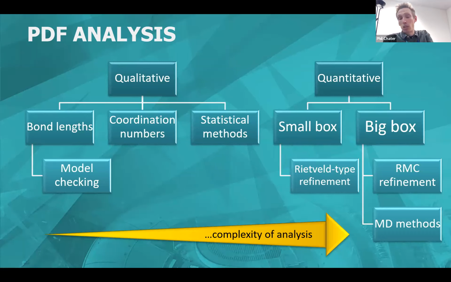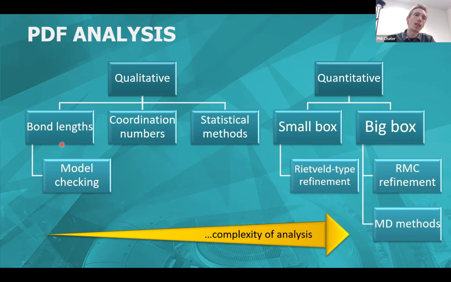As I said, it's very intuitive. You can see a peak, you know that you have a correlation at that distance. And if you know what elements are present in your material, you can often very quickly say, oh, well, that is that peak. So you can see the bond length. And if you're doing an experiment, you can see how that's changing as a function of time, temperature, or whatever it is you may be changing during your experiment.